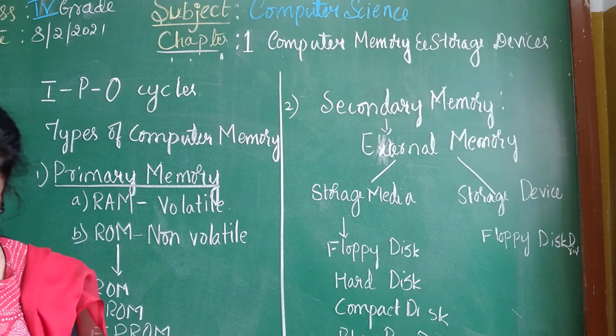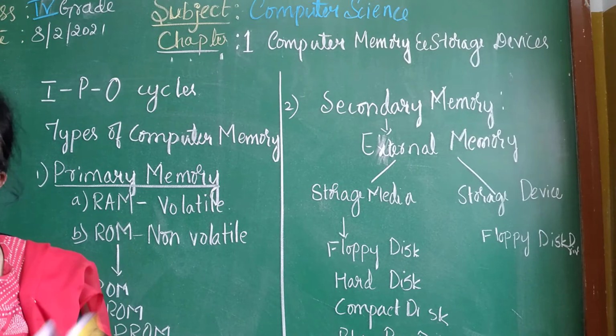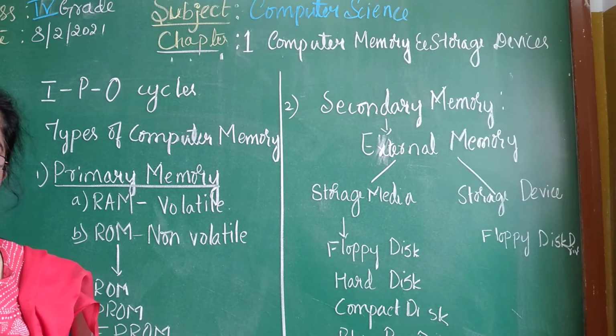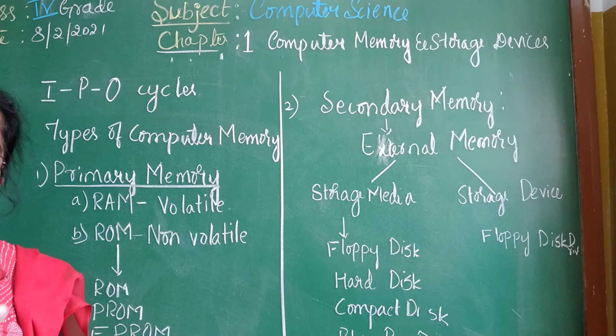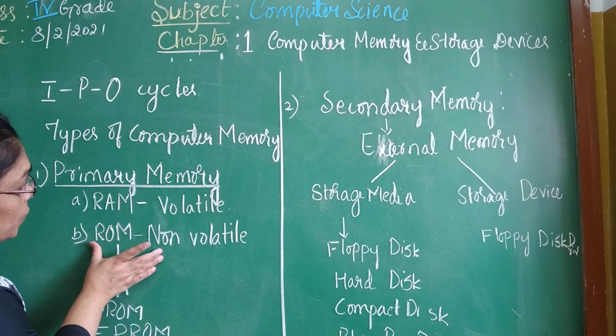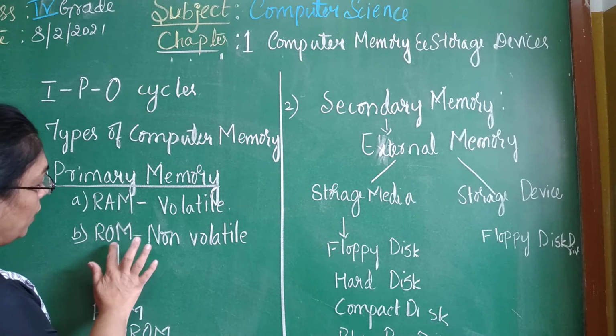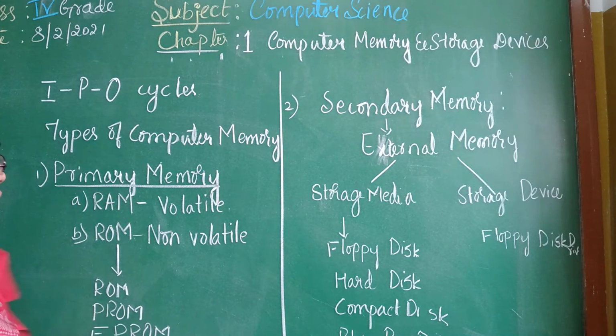It contains instructions during booting. When you switch on the computer, a few booting instructions are given to the computer, and those instructions are stored in this memory. Children, this is read-only memory. The expanded form of ROM is read-only memory.